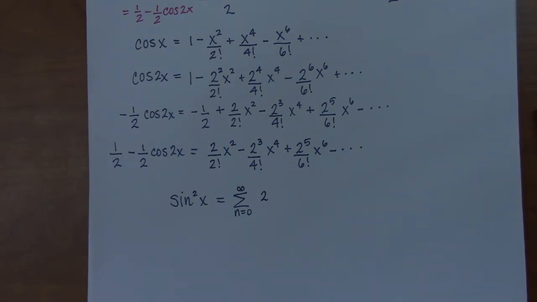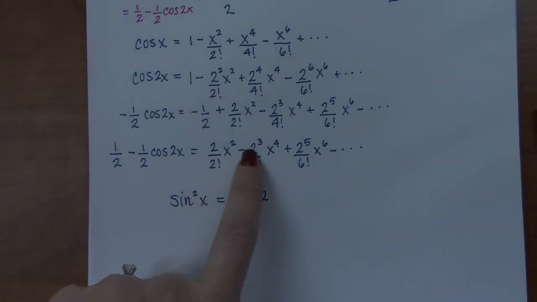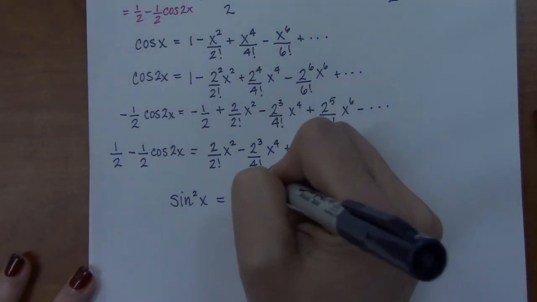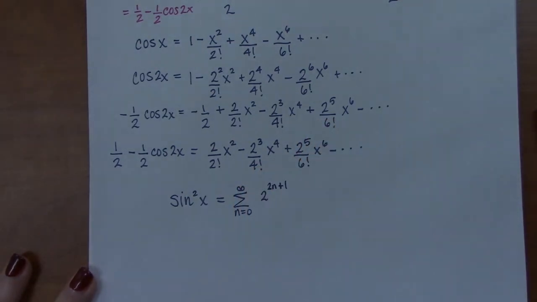So if you notice, all the 2's in the numerators are odd, right? They're 1, 3, 5. So if we write that as 2n plus 1, you can see when I plug in 0, I'll get 1. When I plug in 1, I'll get 3. When I plug in 2, I'll get 5. So that's going to count up all my odd exponents of 2.